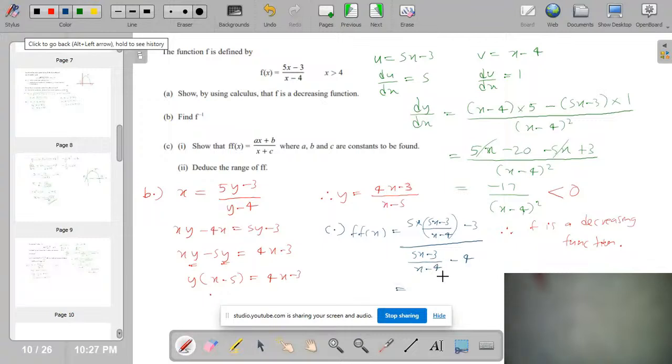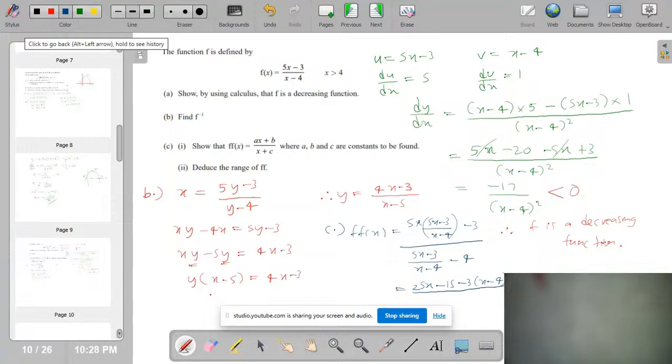So simplify carefully, take the common denominator as x minus 4 in the denominator here also, then you can cut it. Then I expand the bracket, 5 times 5x, 25x, 5 times minus 3, minus 15, and this minus 3 should be multiplied by x minus 4. So I'll write like that.